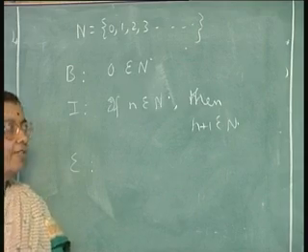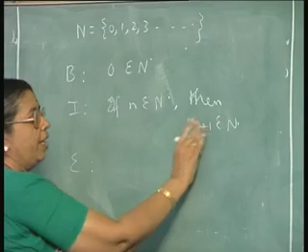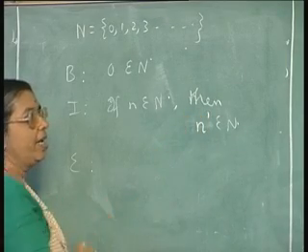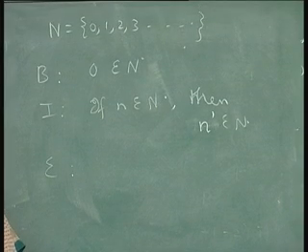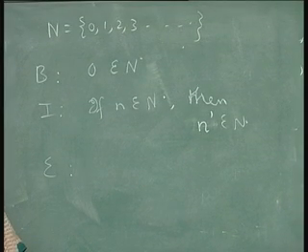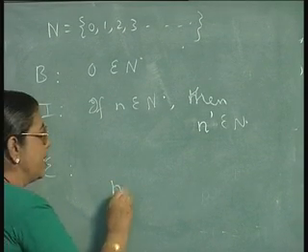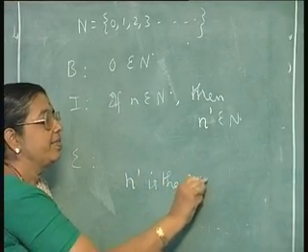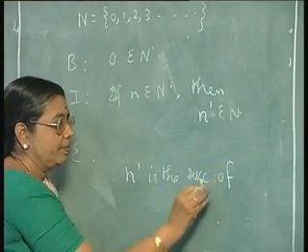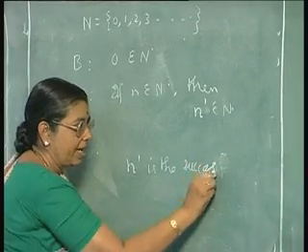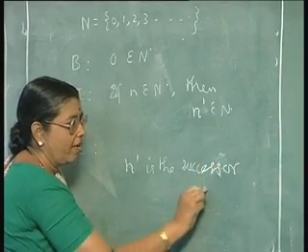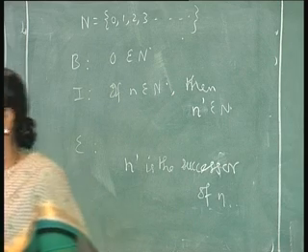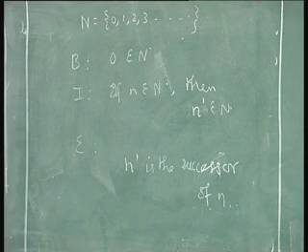So, instead of saying like this, you say if n belongs to N, n dash belongs to N, where n dash is the successor of n. I can write fully, successor of n. So, the natural numbers you can define like this.